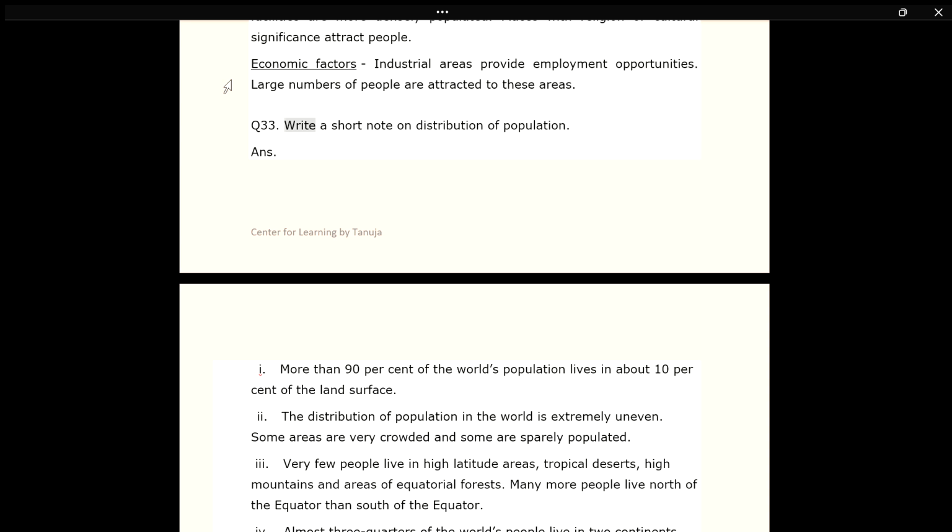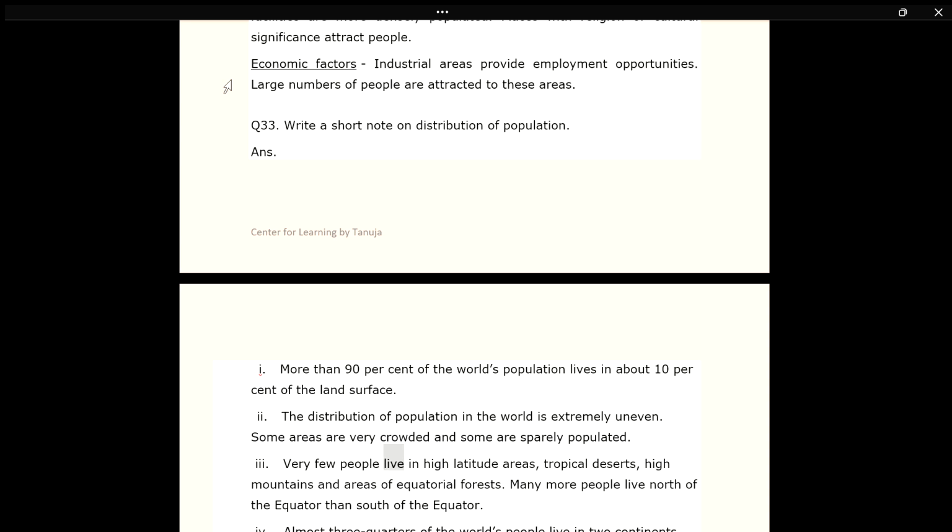Q33. Write a short note on distribution of population. Ans. 1. More than 90% of the world's population lives in about 10% of the land surface. 2. The distribution of population in the world is extremely uneven. Some areas are very crowded and some are sparsely populated. 3.